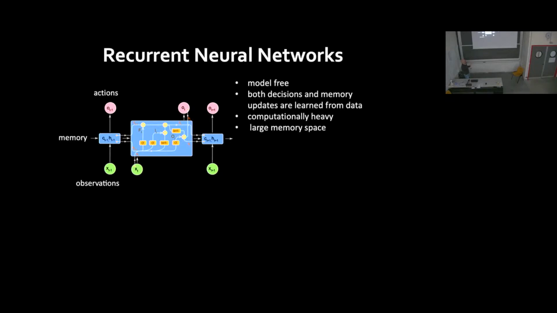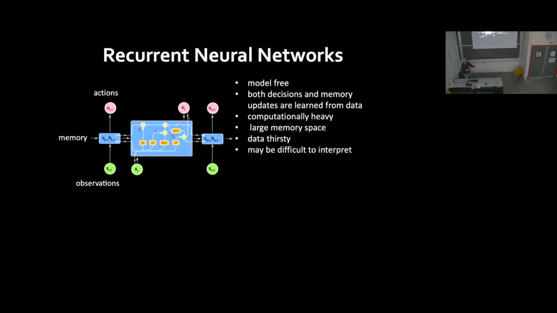The memory space is usually large, maybe not as large as a belief, but usually these cell states are very high-dimensional vectors. In order to optimize all the parameters of the network, you need tons of data, usually. And in the end, it might also be very difficult to interpret.